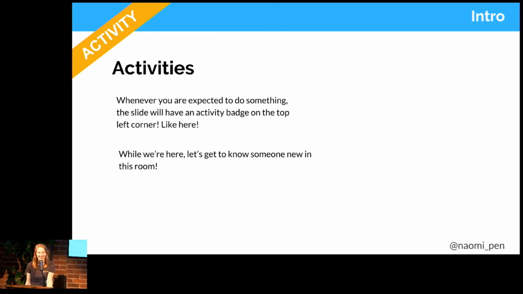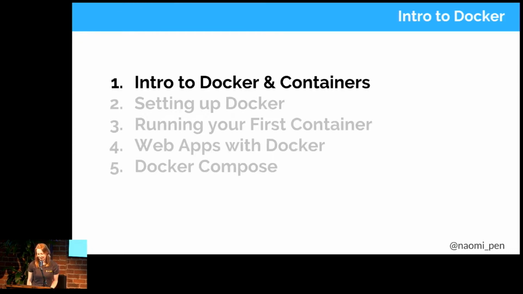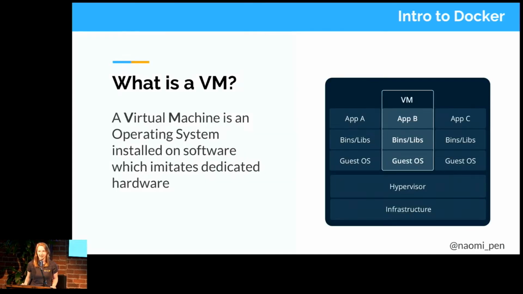All right, cool. Now that you have gotten to know someone new, let's get to know something new. Let's start right away with Docker and containers. To begin, we're going to talk about what a virtual machine is, which is a term that maybe some of you are already familiar with. A virtual machine is essentially an operating system that is installed on software which imitates dedicated hardware.